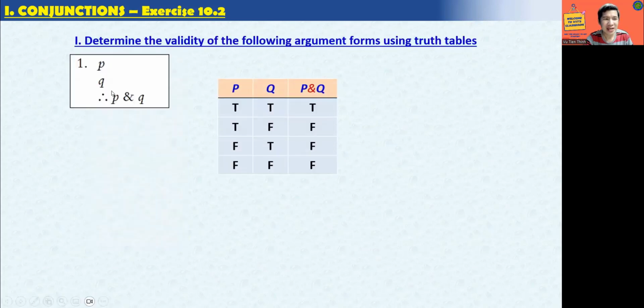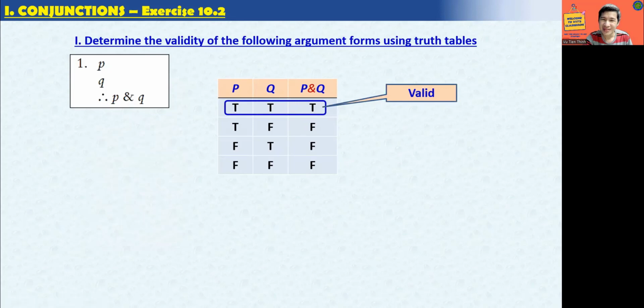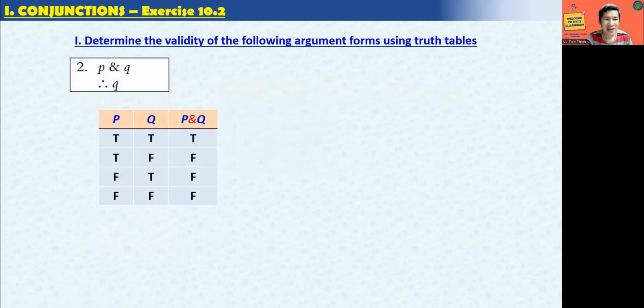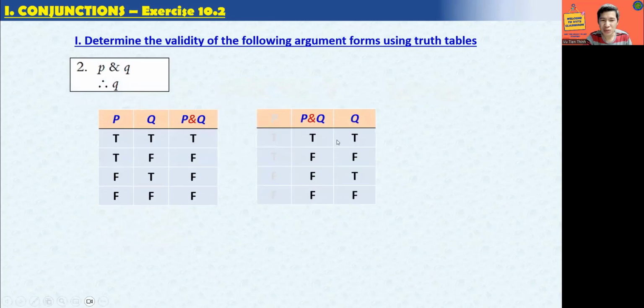You can see P, Q, and the conclusion P and Q. In this case, we have the 3 dots, looking like a triangle. That's also a symbol for a conclusion. Very easy. Valid. Now, the second one, P and Q, and the conclusion Q. We have another table: true and true. Valid.